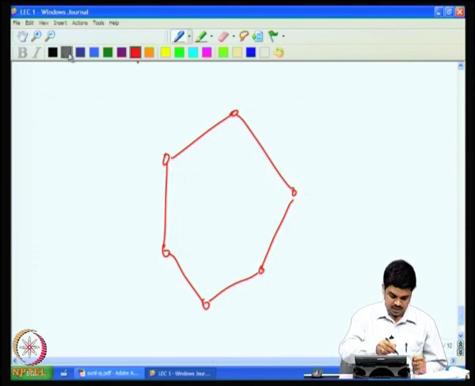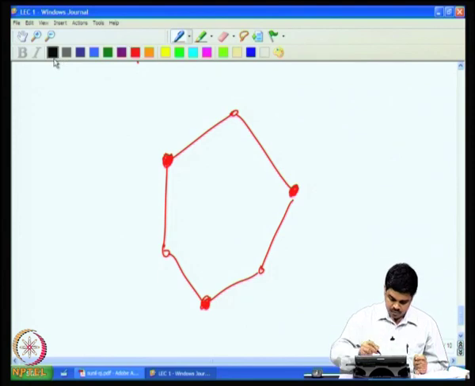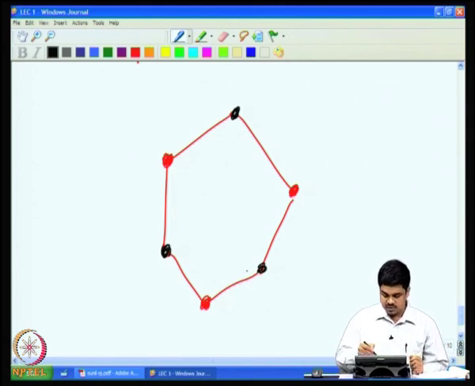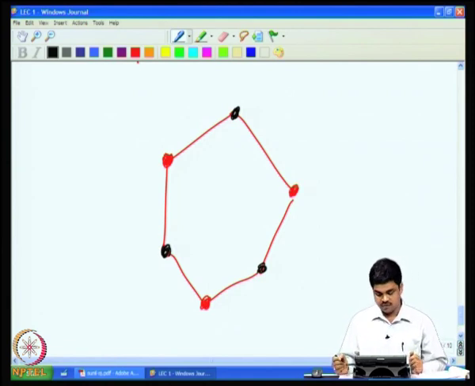For instance, I can say this I will put in one part, this in the same part, and this also in the same part, and the other ones, say this and this, I will put in the other part. So, these black vertices induce an independent set in this graph. Similarly, this induces an independent set in this graph. So, every edge in this graph is going from a red vertex to a black vertex.